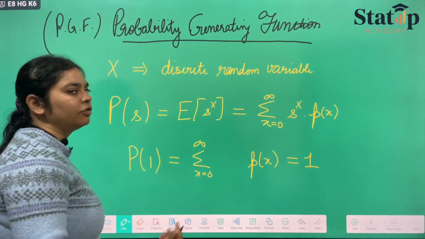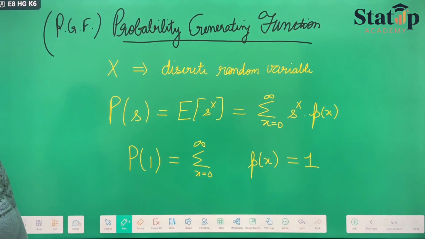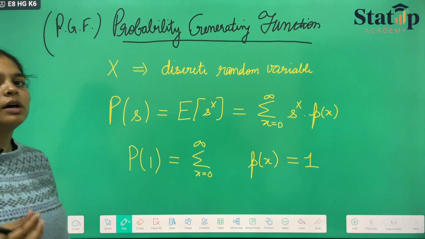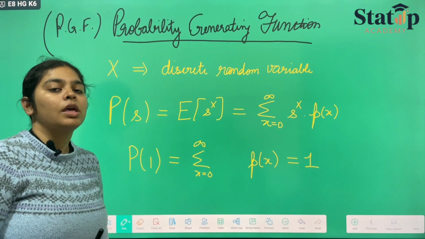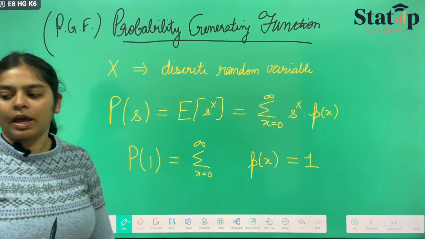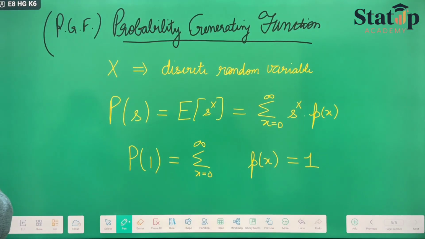So this becomes one of the properties of the probability generating function, that when we keep s equal to 1, it always comes out equal to 1. Then if we have to check whether a certain function is a probability generating function or not, we can use this property for calculating.